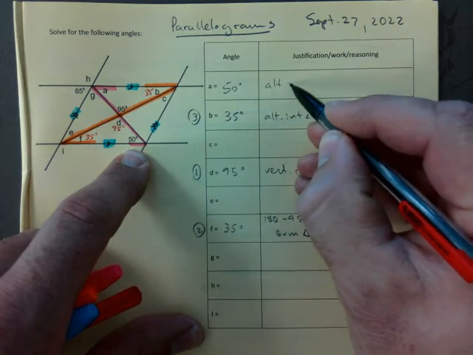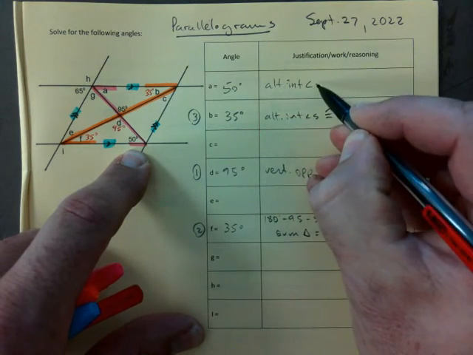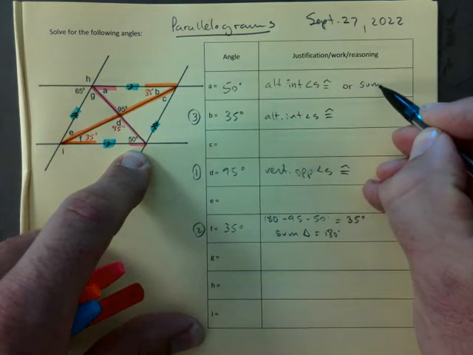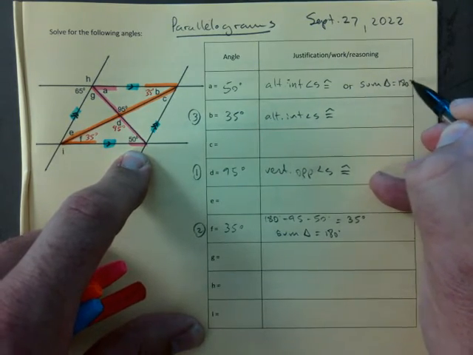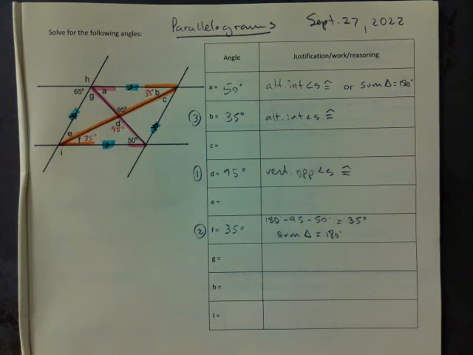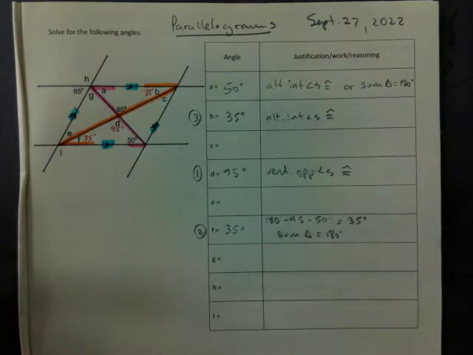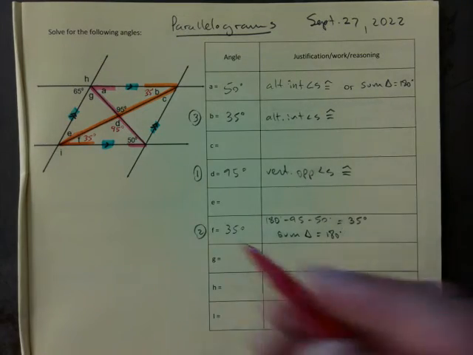Again, alternate interior angles are congruent, or you could have used sum of triangles equal to 180, right? I don't want you to do the or, just pick one, whichever one you decided, but in your notes it's okay to put or, because I want you to know there are many ways to get there. So I'm going to go ahead and fit that in. So A is 50.